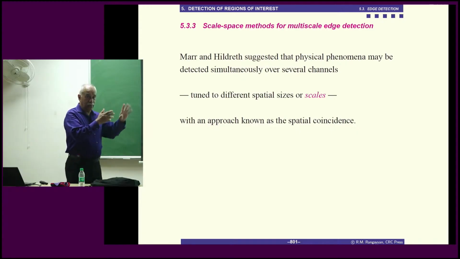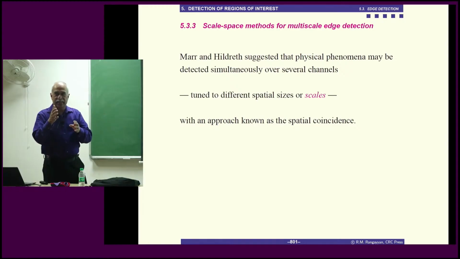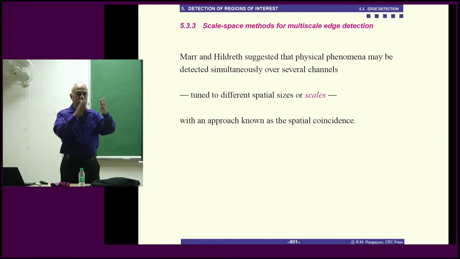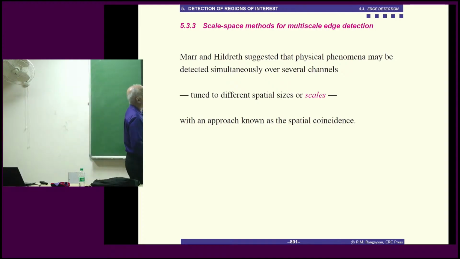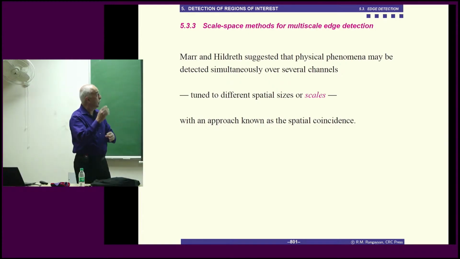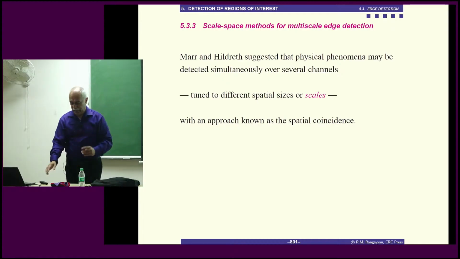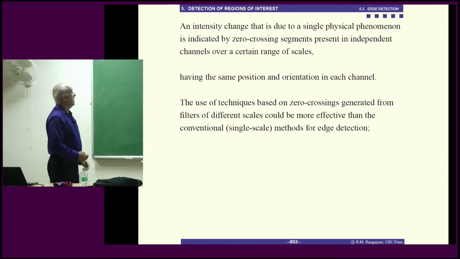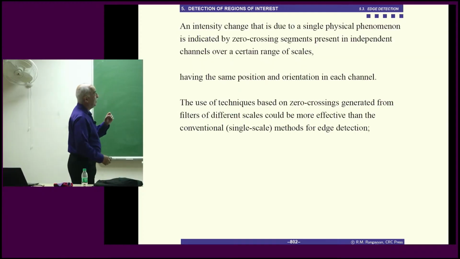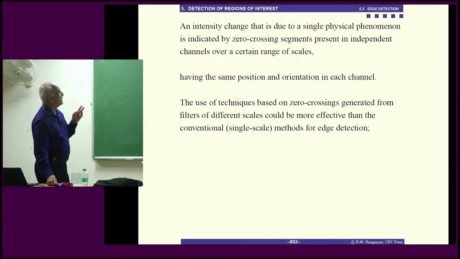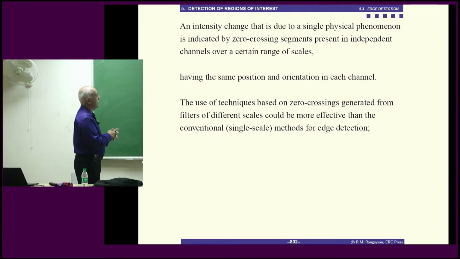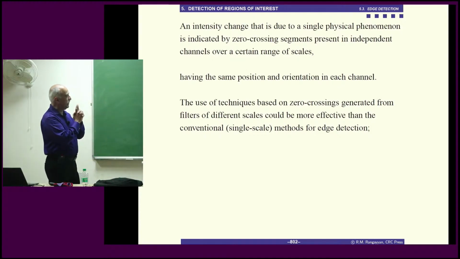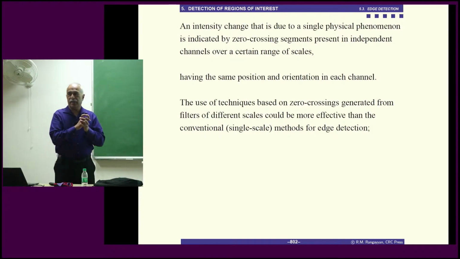We can relate what they called physical phenomena to real edges due to a physical thing like that myocyte or the clock and so on. Tuned to different spatial sizes or scale, the sigma parameter, with an approach known as spatial coincidence. An intensity change that is due to a single physical phenomenon is indicated by zero-crossing segments present in independent channels over a certain range of scales, having the same position and orientation in each channel. That's what they said.